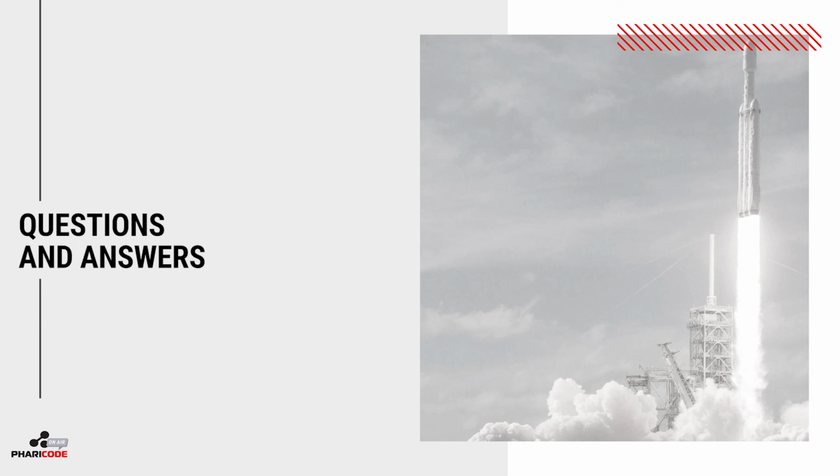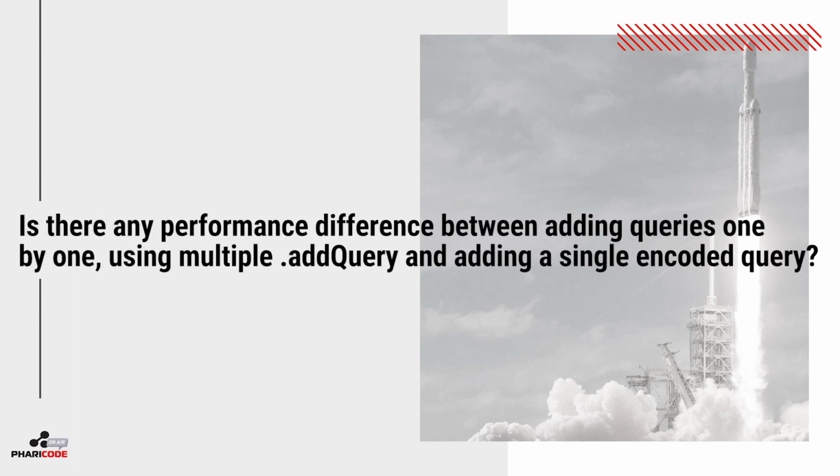Awesome. And here's a question. Is there any performance difference between adding queries one by one, using multiple add query, and adding a single encoded query? Now, there's a use case for both types. I like to use add query when I'm doing something simple and I'm calling a variable or something.